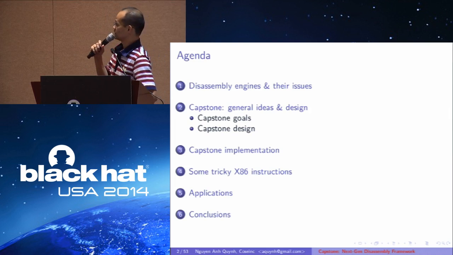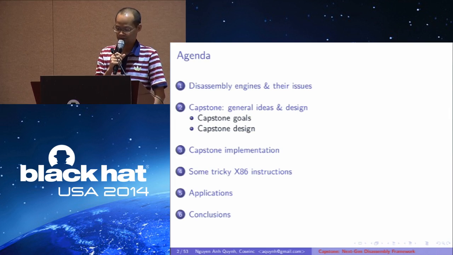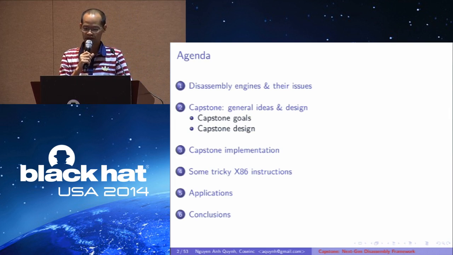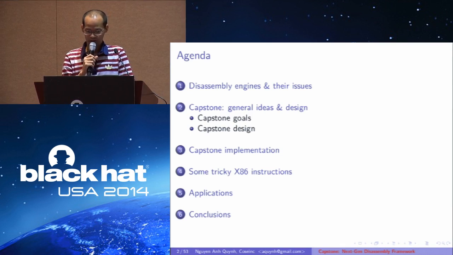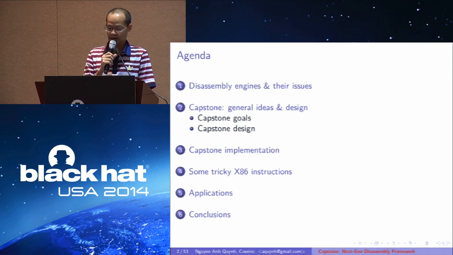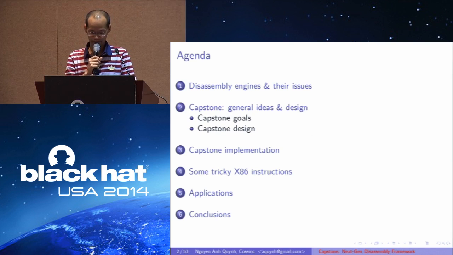Okay, so here's my talk. First, I will introduce the current disassembly engines and their issues. Because all of them have many issues, I needed to come up with something that solves all the problems, and Capstone was born. After that, I will introduce the ideas and the design behind Capstone.